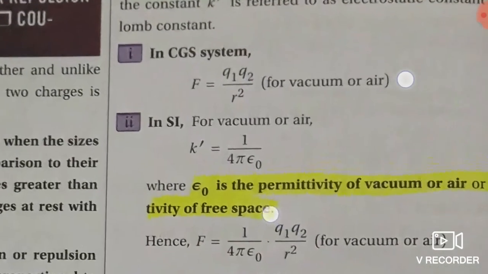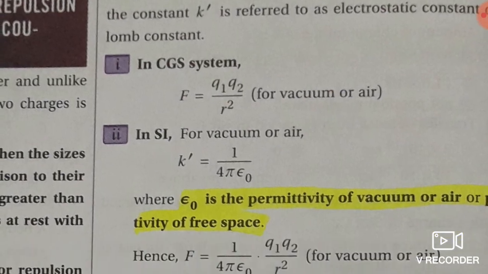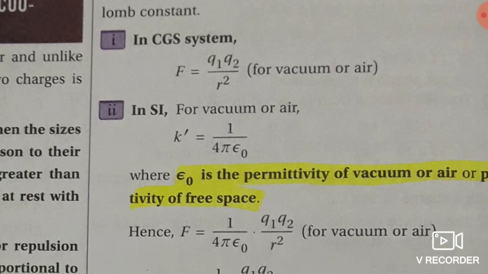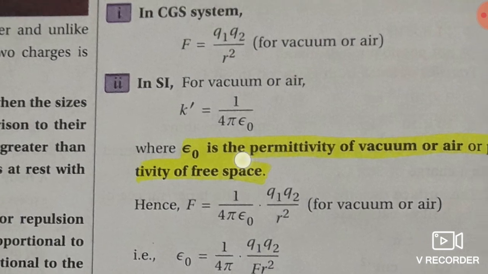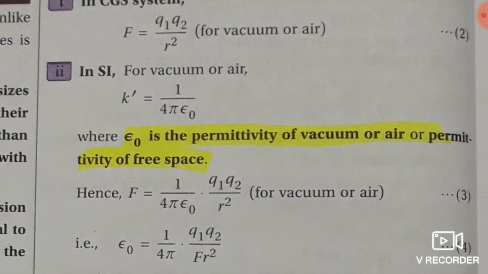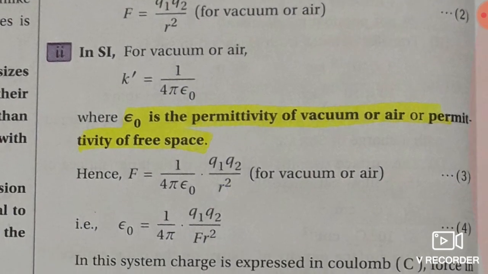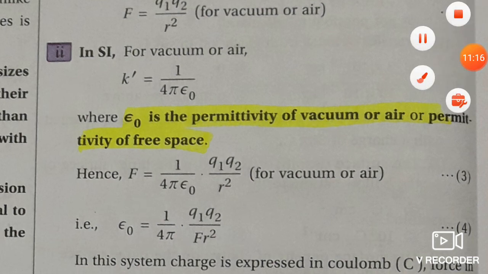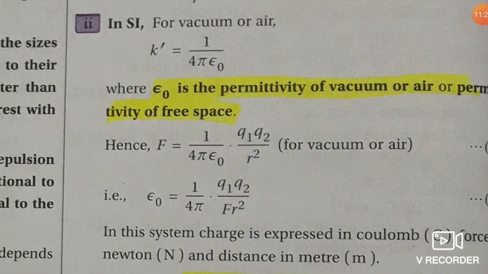Now putting the value of K equal to 1, we get the expression for Coulomb's law in the CGS system, and in the SI system the value of K is found out experimentally to be 1 by 4 pi epsilon 0, where epsilon 0 is the permittivity of vacuum or air or permittivity of free space. So putting this value in the expression, we get Coulomb's law in the SI system, and epsilon 0 is this.